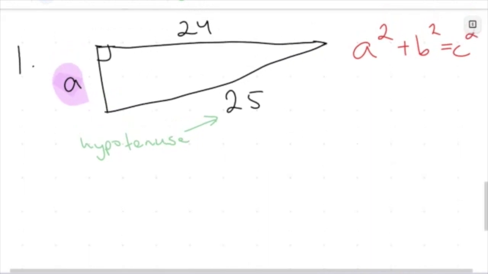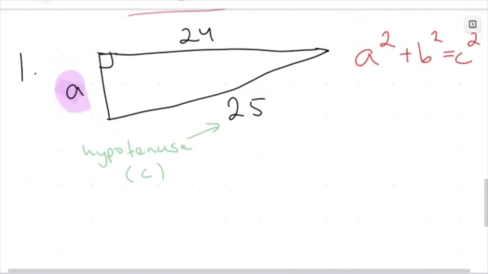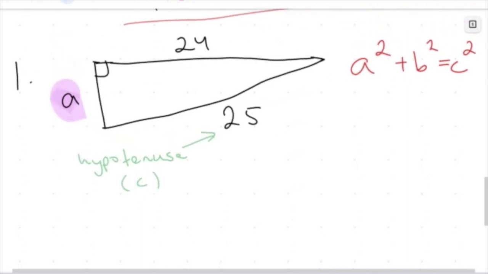So where's my 25 going to go? Well, this thing here, it's my hypotenuse, so I can think of this as side C. This is my longest side. So I'm no longer substituting that into one of these. I'm putting that over here. And my 24, I can make that B. That's another shorter side.